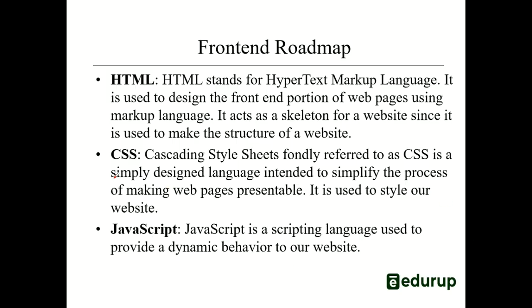And CSS. Coming to CSS, Cascading Style Sheets, fondly referred to as CSS, is a simple design language intended to simplify the process of making web pages presentable. It is used to style our websites also. JavaScript is a scripting language used to provide dynamic behavior to our website.